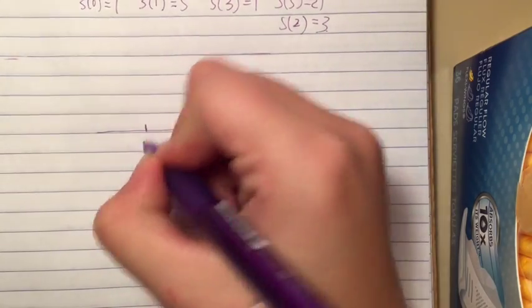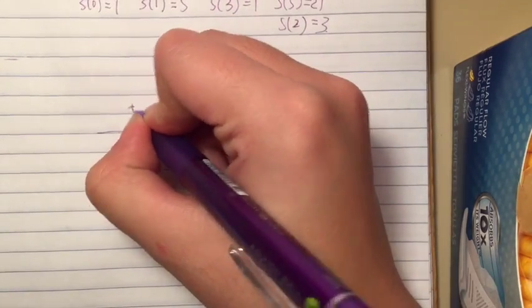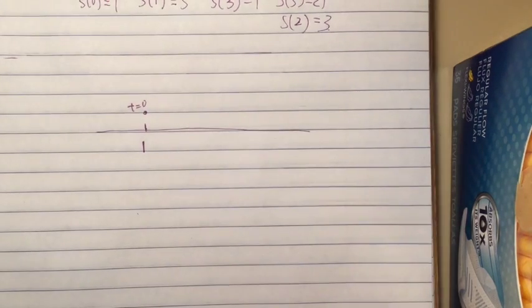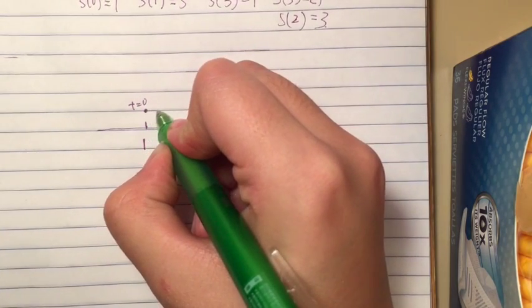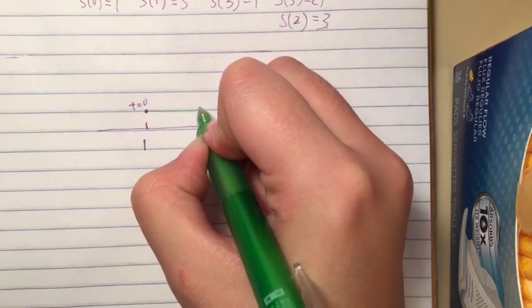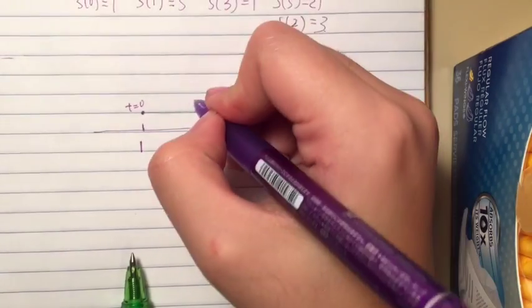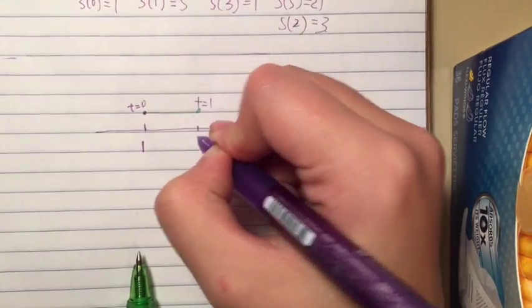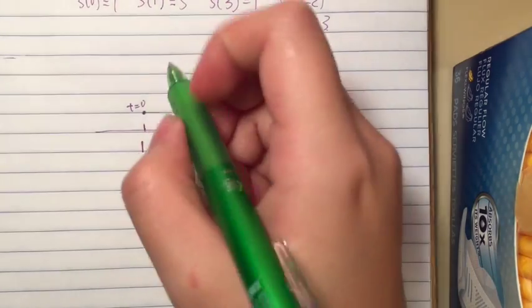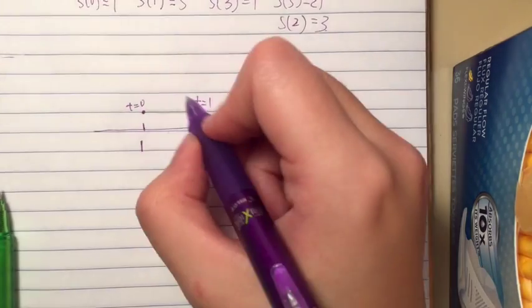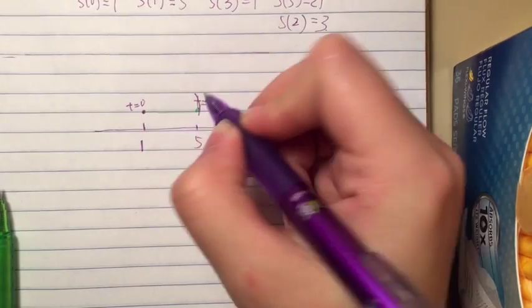So the initial position is 1. So this is 1, and t should be equal to 0. And then when it goes to 1, the speed is slowing down. So it should be like this. It stops here, which is t equal to 1. This is 5. And it goes to the left after that, which means it goes like this.